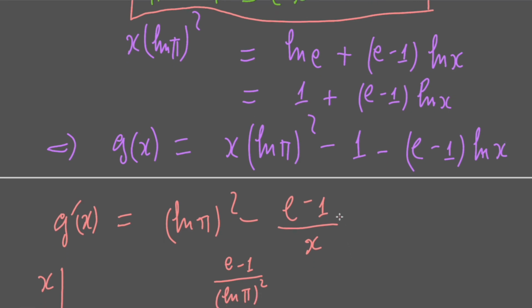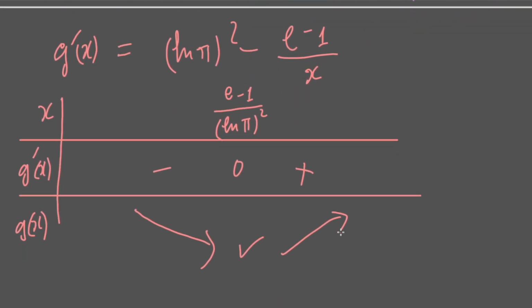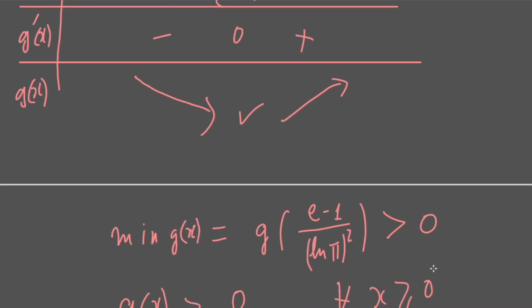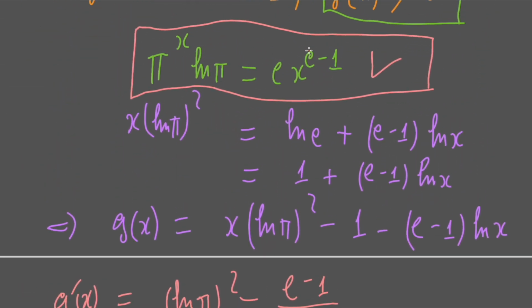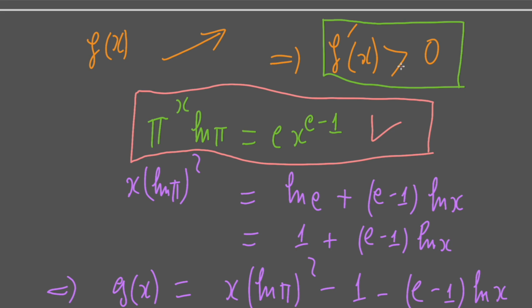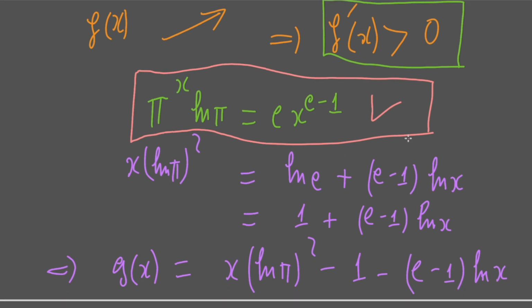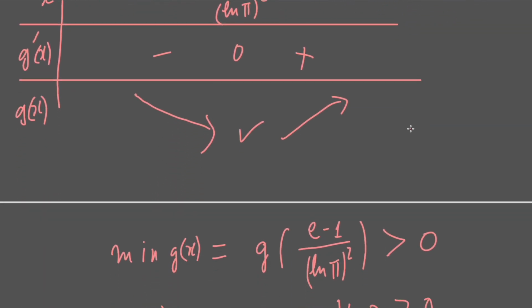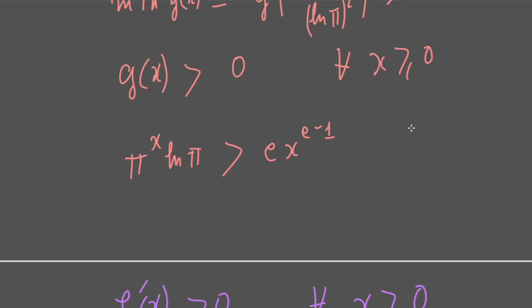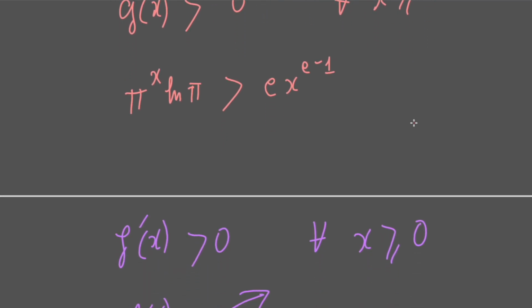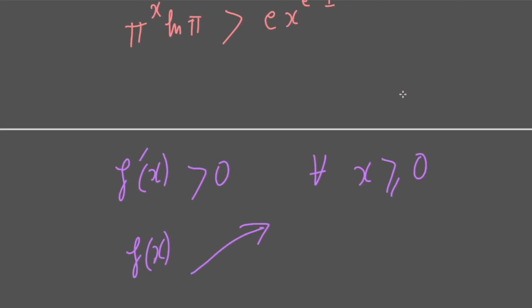Then the minimum of this is always greater than 0. This means the derivative of f(x) of the original equation is greater than 0. Then you will see that the original function is an increasing function.